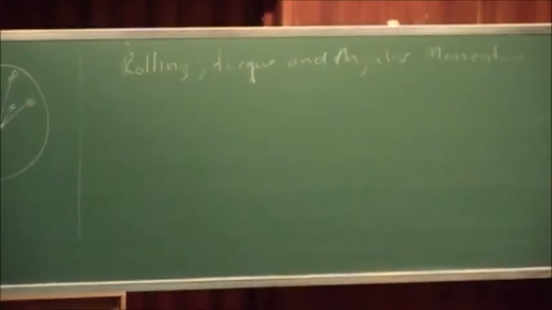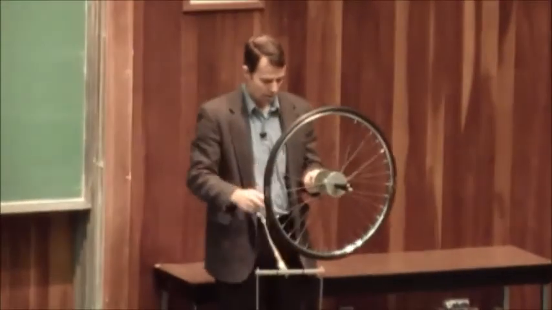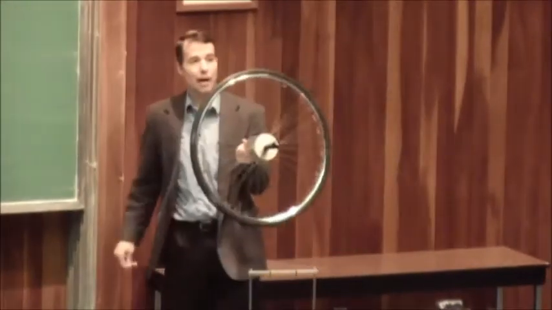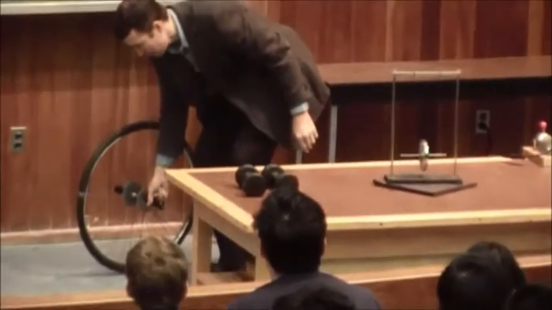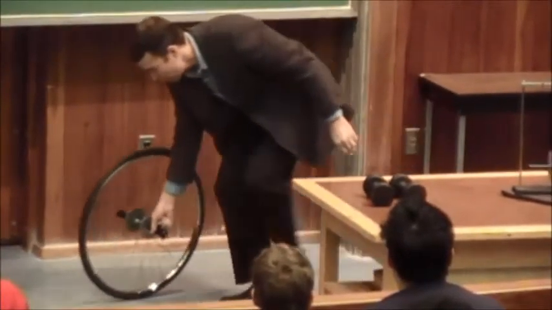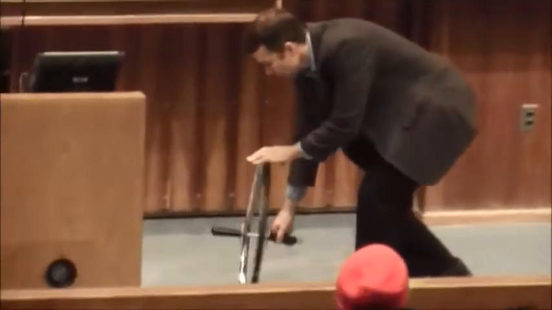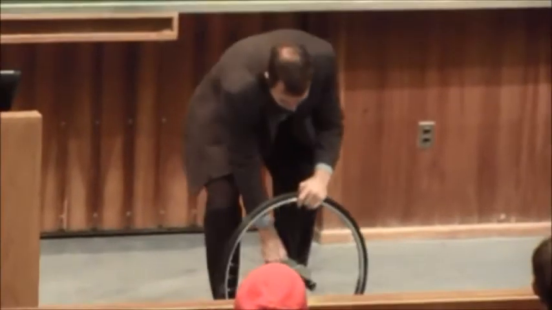Right now I'm rotating this about this fixed axis of rotation. But rolling is where we actually take the bike and we start moving it along the ground. Right now, the force of friction from the ground is causing this to rotate as I move it along.